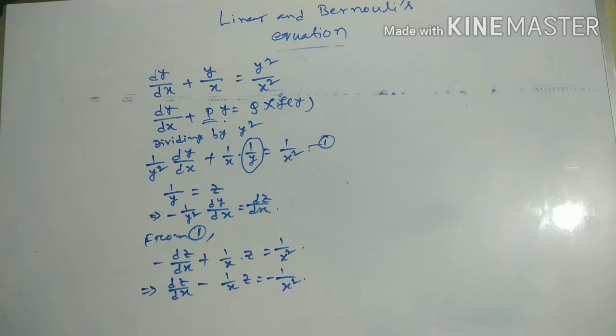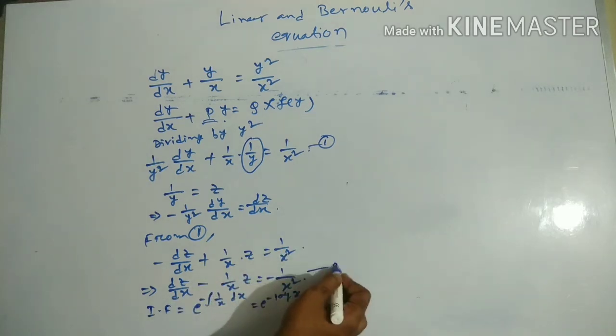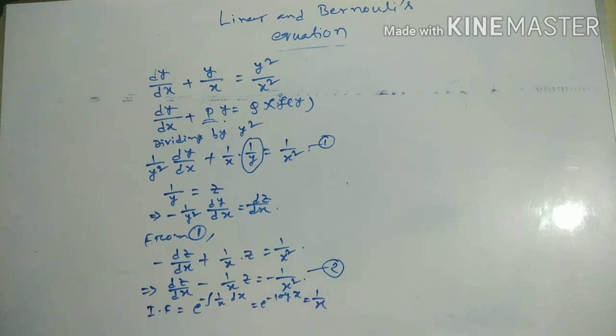Okay, so the integrating factor will be e to the power of the integral of minus, what is P here? P is 1/x, dx, that is e to the power of −log x, that is equal to 1/x by the property of logarithm. Okay, now what we will do? We will multiply the linear equation, I am numbering this as 2, by this integrating factor.